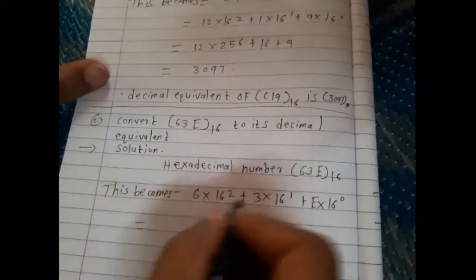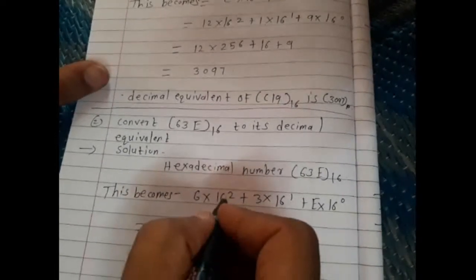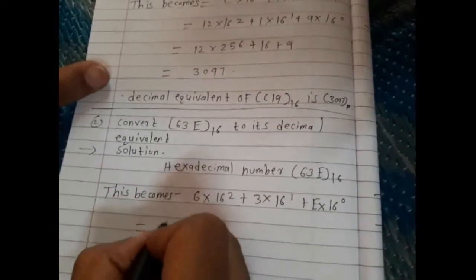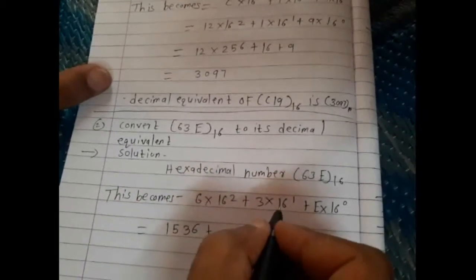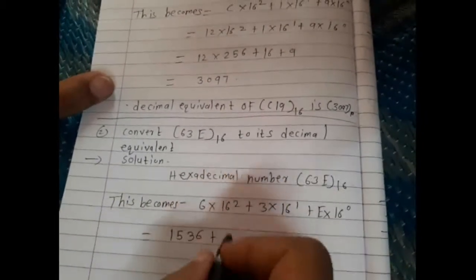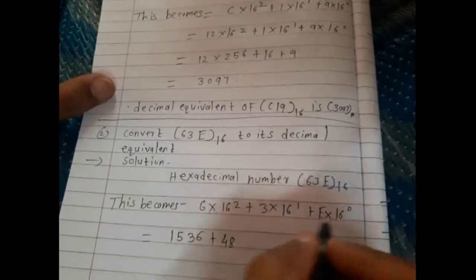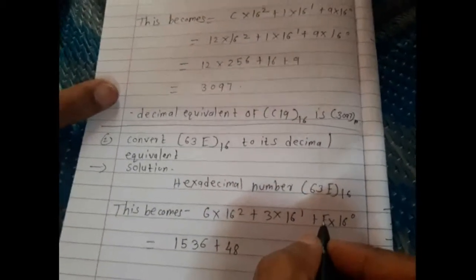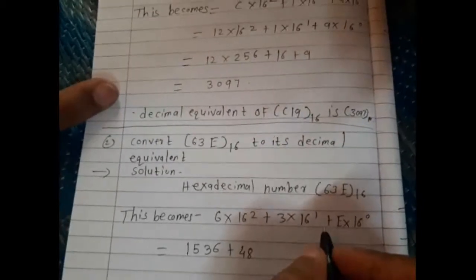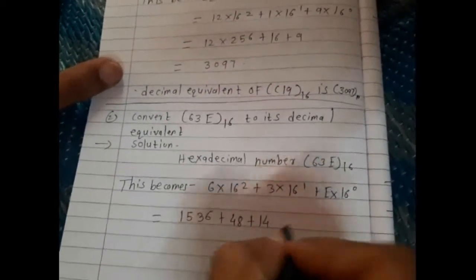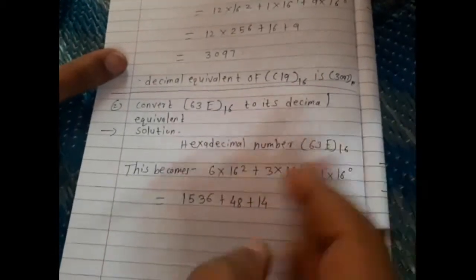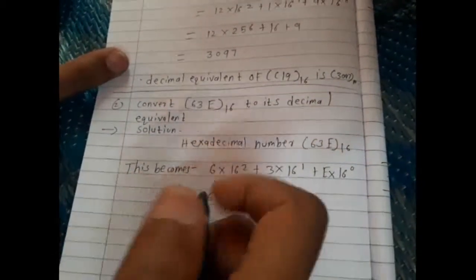Now see 16 square is 256. 256 into 6 means 1536, plus 16 threes are 48, and E value is 14. You look at that chart. I have shown you that chart.